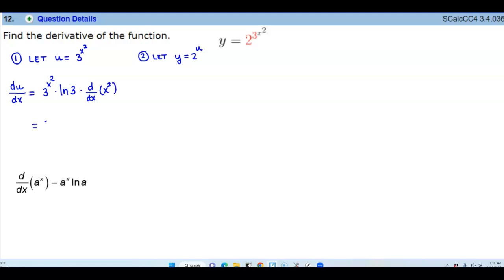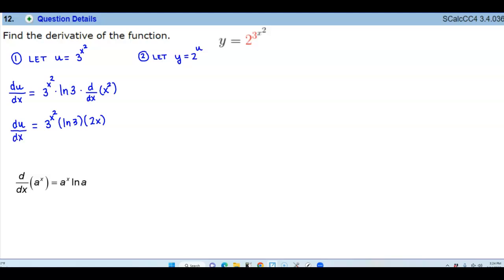So therefore, we end up with 3 to the power of x squared times the natural log of 3, and the derivative of x squared is 2x. And so this represents the derivative of u with respect to x.